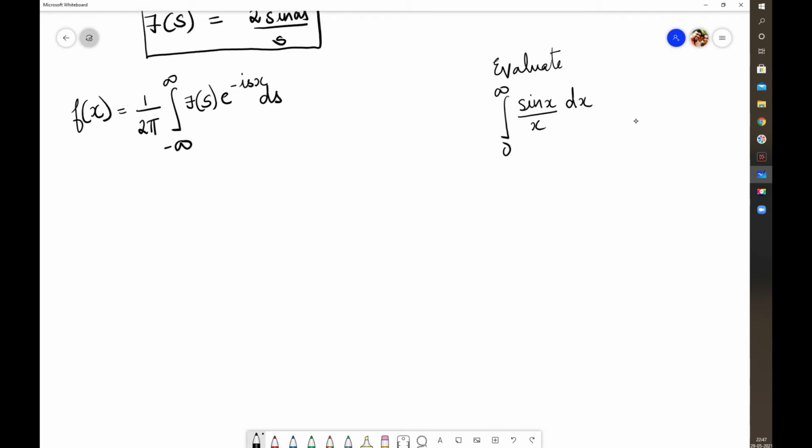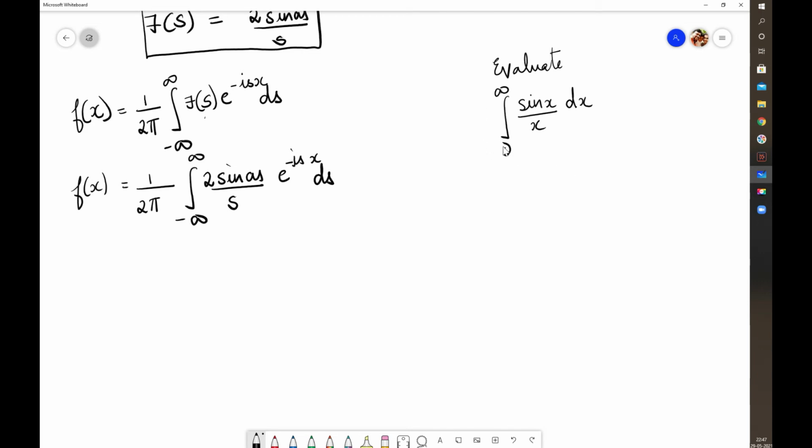Now I know what f of s is. So f of x is equal to 1 by 2 pi integral minus infinity to infinity of 2 sin sa by s e to the power minus isx ds. Now we will compare this. Here I have 1 by 2 pi, whereas here I don't have 1 by 2 pi.